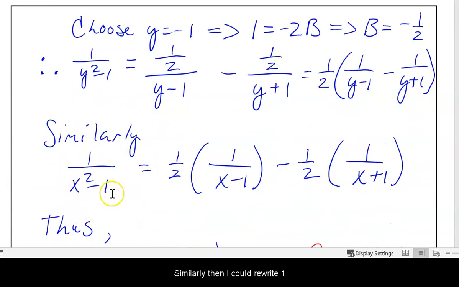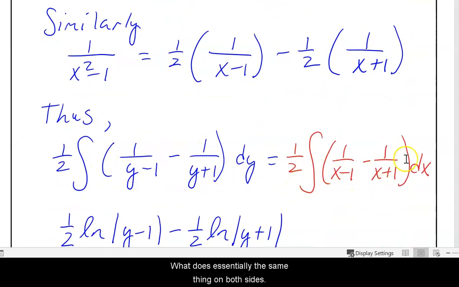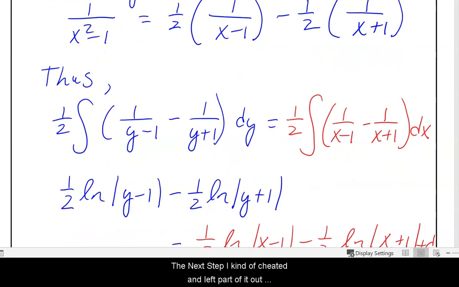Similarly, I could rewrite 1 divided by x squared minus 1 in the same form. That allowed me to rewrite the integral with essentially the same thing on both sides. Now, the next step, I kind of cheated and left part of it out.